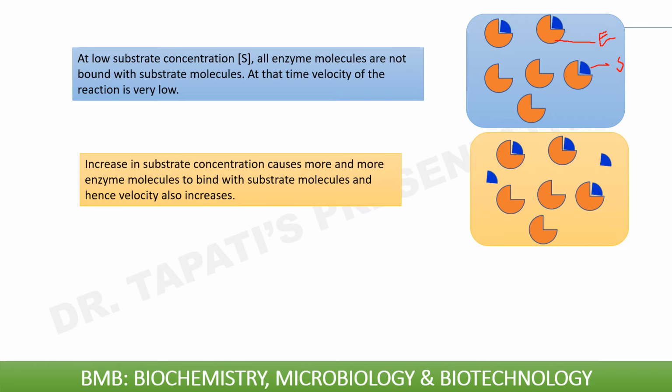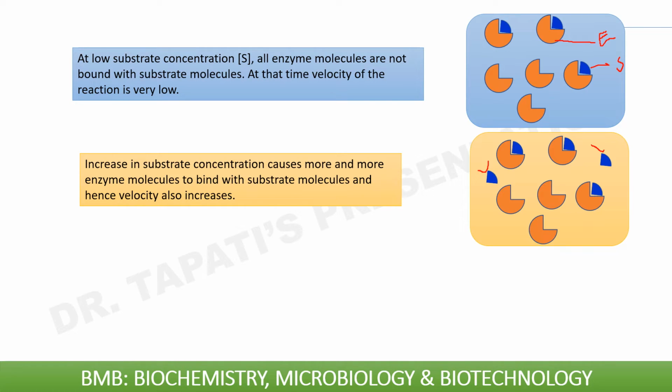If we increase substrate concentration, more and more enzyme molecules will bind with substrate molecules, and hence velocity also increases. Here you can see that the number of substrate molecules is increased. In the first figure it was only 3 molecules.